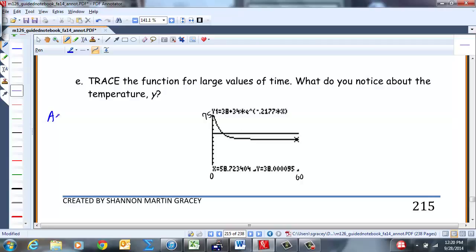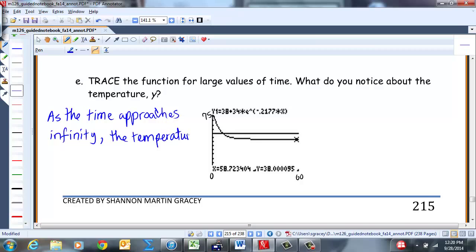We could say as the time approaches infinity, the temperature approaches the temperature of the surrounding medium, which was 38 degrees Fahrenheit. All right.